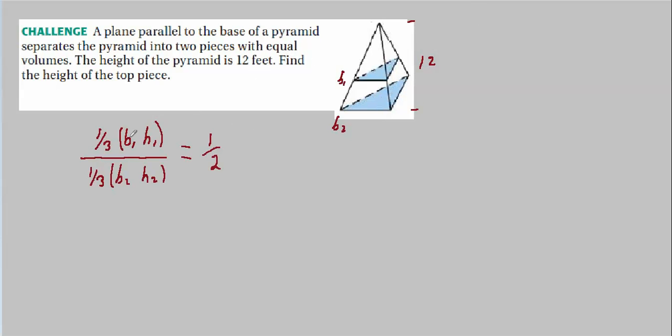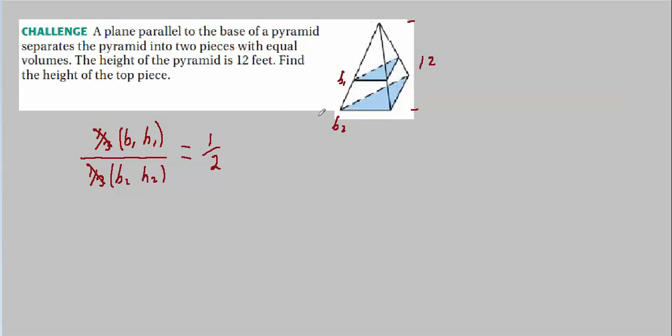Well, we got a whole bunch of variables here, and we don't know what they are. But first thing we can do is simplify this expression. This is the formula for this top pyramid, and this is the formula for the volume of the entire pyramid, and that'd be 1 to 2. Remember, the whole pyramid is exactly double this top one.